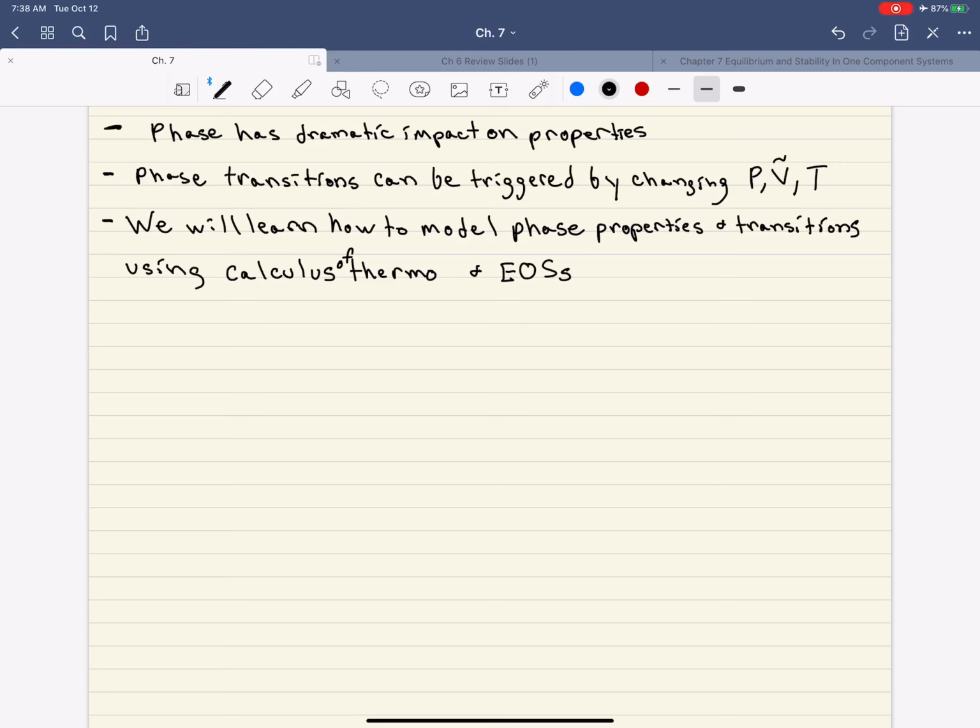And so we'll see in this chapter that the ideal gas law will not allow us to predict or model phase changes, and we're actually going to have to use the more complicated equations of state in order to do that.